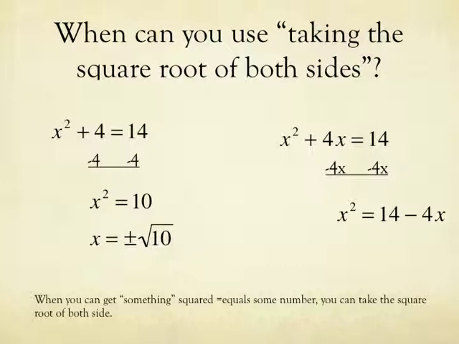And there's no nice, neat way to take the square root of 14 minus 4x without knowing what x is. So in general, if you can get an equation to the point where on the left-hand side you have some quantity squared is equal to a number, not a combination of numbers and variables, that's a good time to take the square root of both sides.